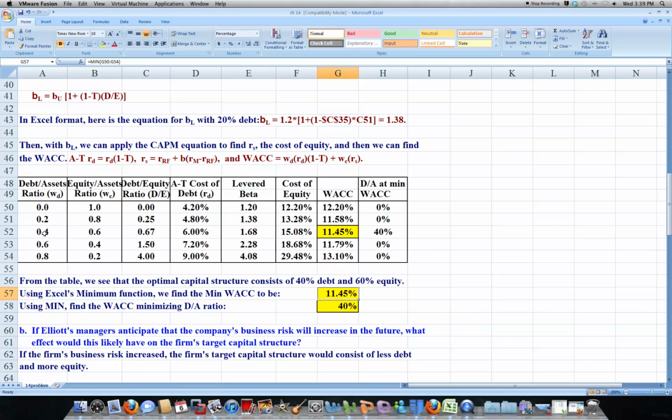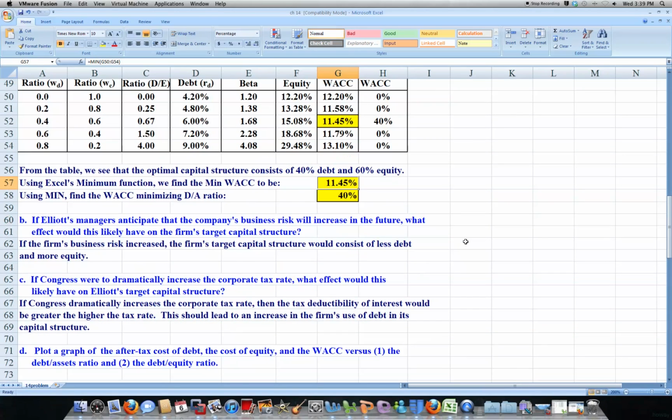Our best optimal capital structure would be 40% debt, 60% equity, and in that case, our weighted average cost of capital will be 11.45% because we want to have the cheapest we can. So that's our optimal capital structure. Our money's going to cost us less at 40% debt and 60% equity.